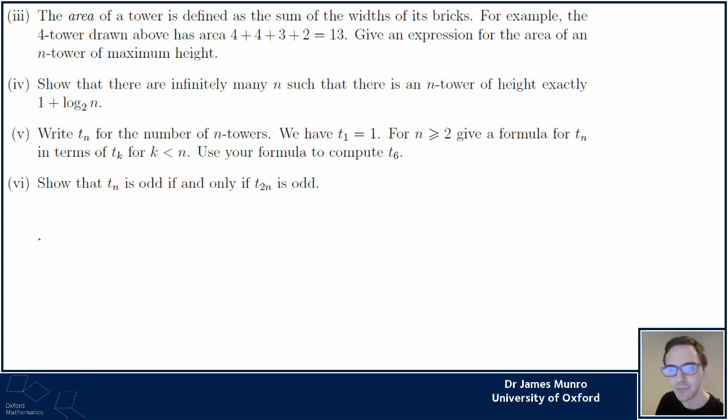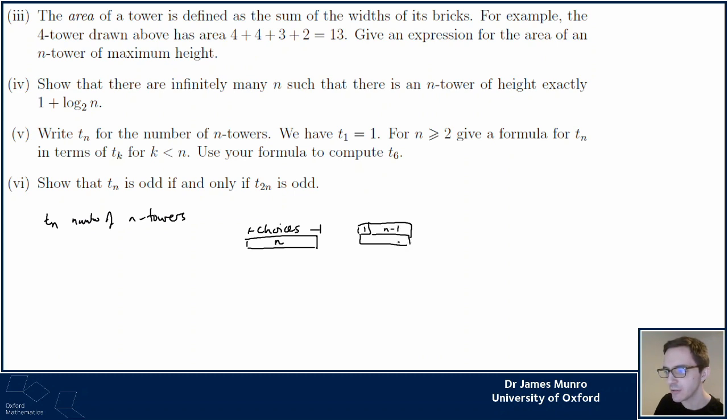So if we want Tn, the number of n towers, those are the ones that start with an n brick on the bottom. And then we've got choices about what we put on top. We could split n down into a 1 brick and an n minus 1 brick.